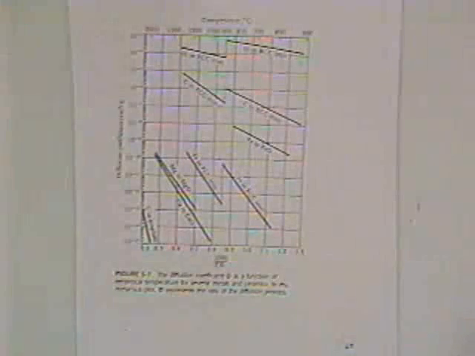Now I wanted to mention the vacancy and interstitial diffusion for the following reason. If you go to page 20 of the handout, you'll see a table that lists diffusion coefficients for a number of materials, both metal systems and ionic or covalently bonded materials.